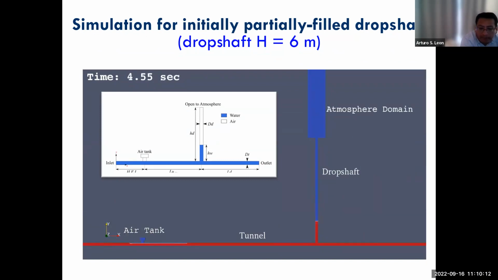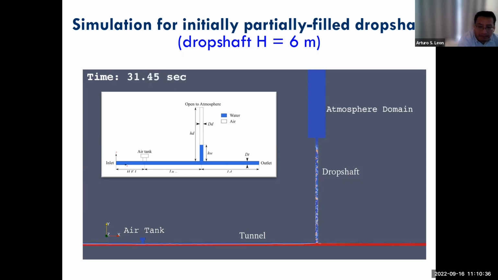This is another simulation. Here again, we have the air approaching slowly to the drop shaft. In this case, the drop shaft is very tall. I mean, the height is much higher than the initial water depth. There is initial mixing. That initial mixing basically reduces the density of the mix, right?